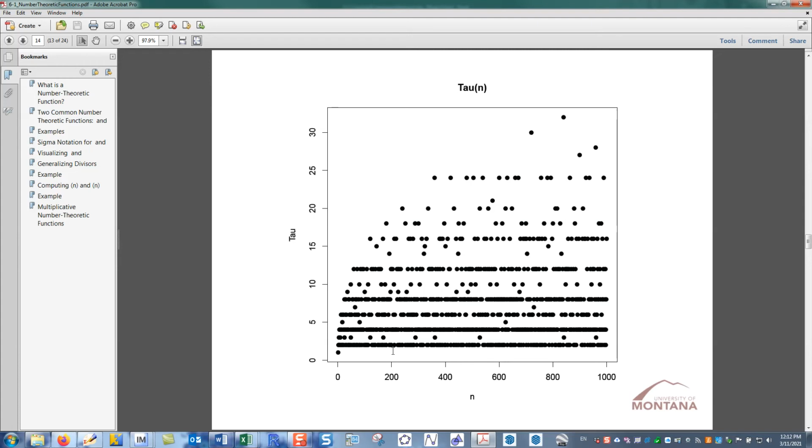So if you imagine averaging the first 200 numbers in here and plotting that, and then averaging the first 400 values of tau, and then averaging the first 600 values of tau, we know the average is actually quite a ways down below here, because we have lots and lots of numbers that have small numbers of divisors and not so many that have large numbers of divisors.